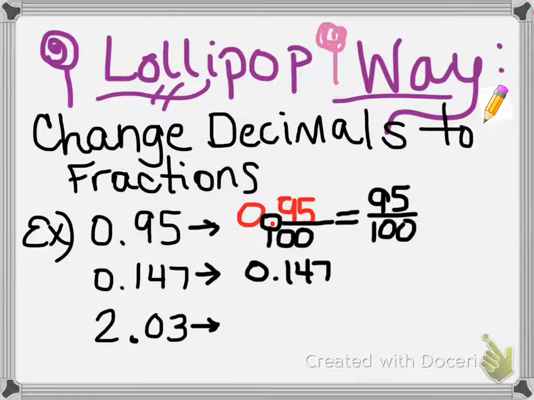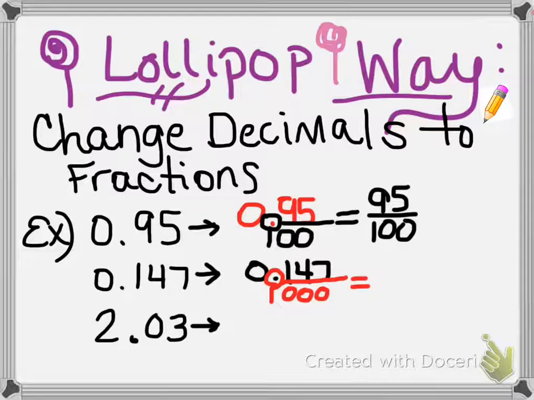Okay, copying this over. And let me change colors. Alright, lollipop goes around the decimal. Draw your lollipop stick, make your gumdrops, which are obviously zeros, and draw your fraction bar.